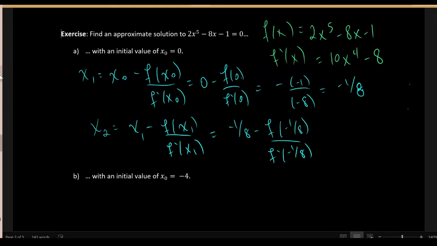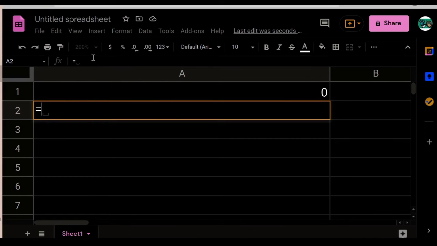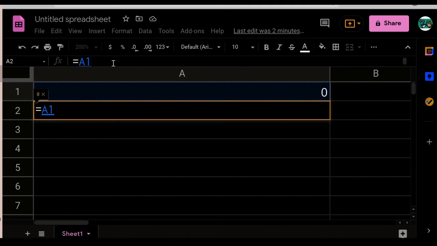So I'm going to put an equal sign. Equal sign says to Google Sheets, I'm beginning a formula. But then instead of x naught, I'm going to click the box containing the value of x naught. So it filled in, equal sign the value in the box which is called A1, first column, first row.